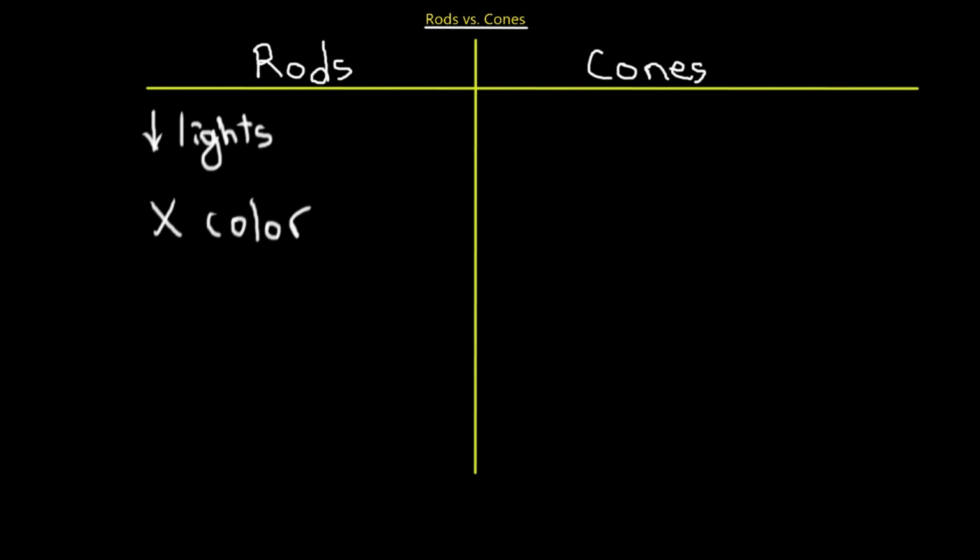However, in comparison, the cones are capable of photopic vision, which is going to be higher light levels, so more light, and they're capable of detecting color vision, and hence they're also capable of high spatial acuity. So in terms of distinguishing color and the fine details of an image that we're looking at, that's going to be done by the cones.